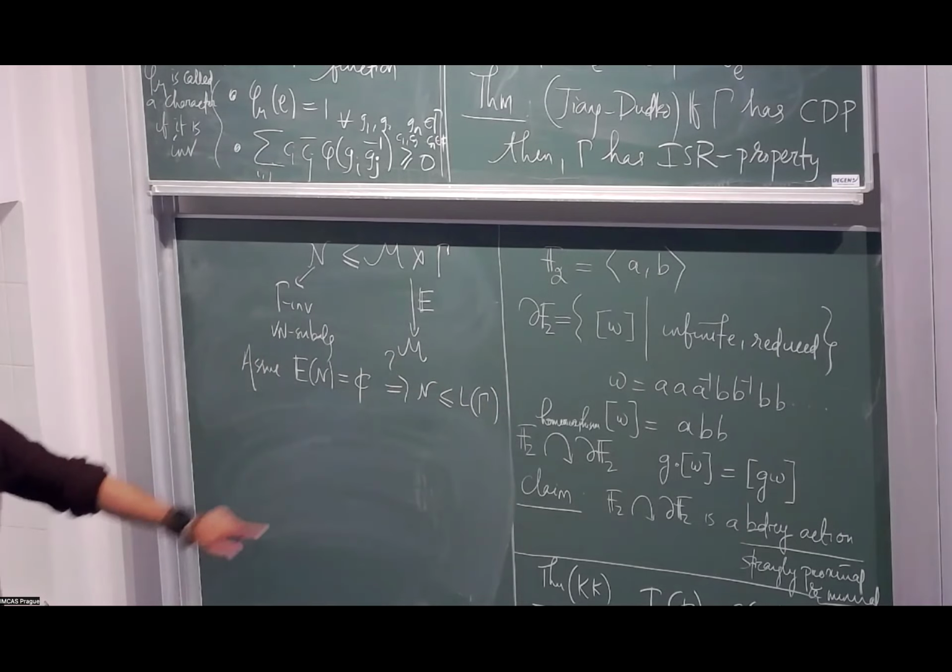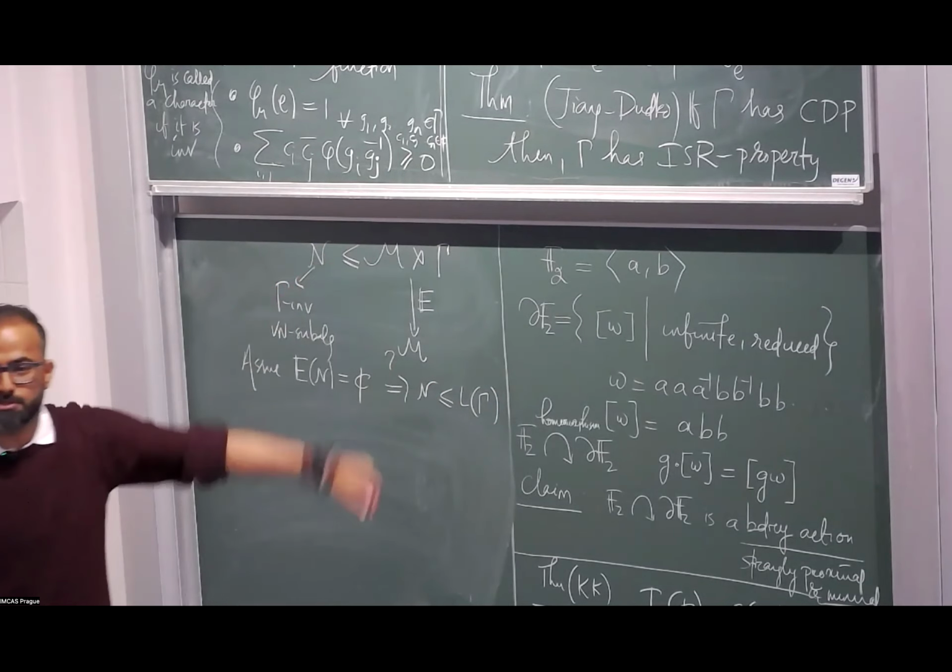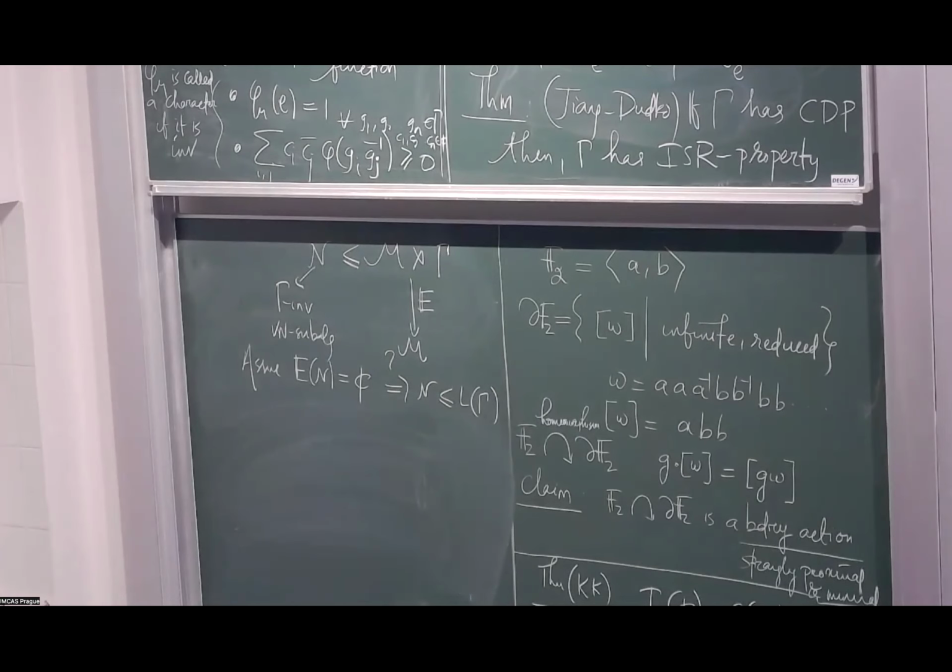In the sense that N does not see any piece of this other side. We do not know how to answer this yet. I think this is the first starting point. And once you have that, then you can go on to build on it.